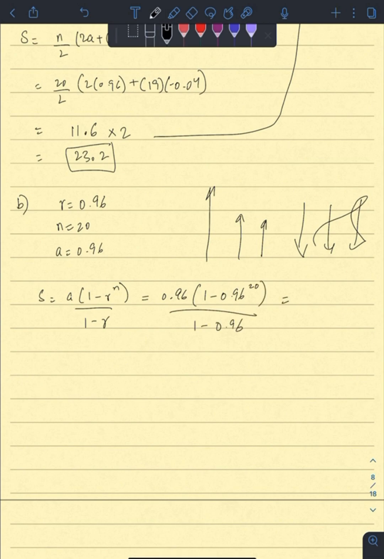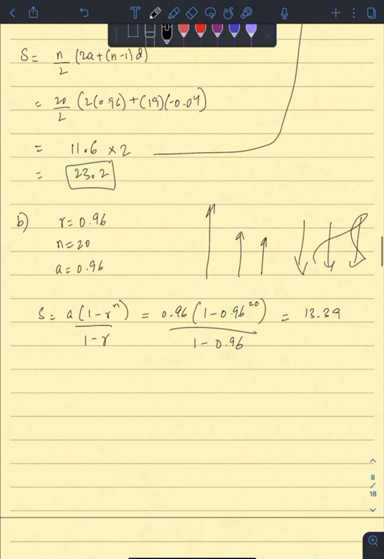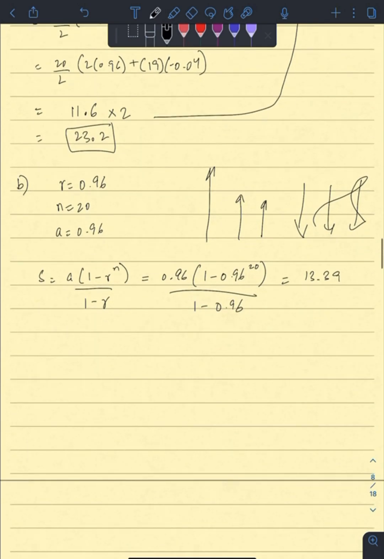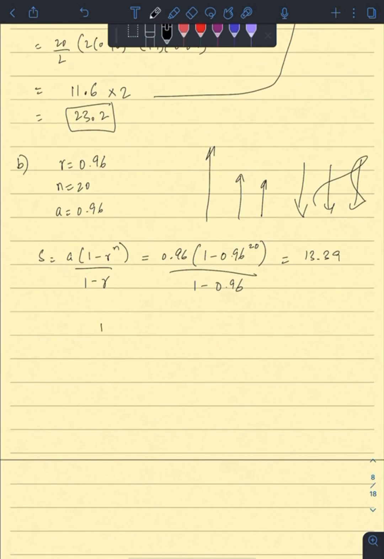We get 13.39. I'll multiply this by 2 because you have to calculate the total distance for upwards and downwards both. So this will be 26.8 or 7 meters.